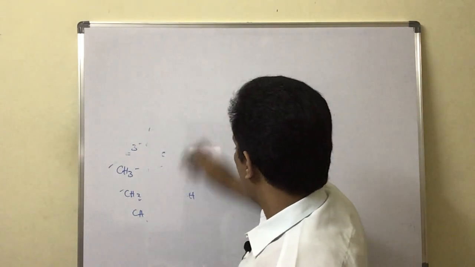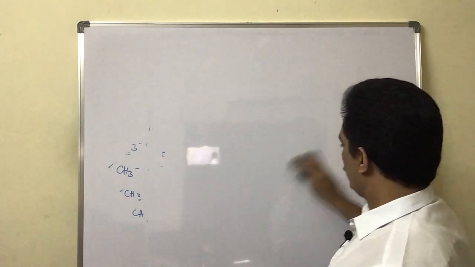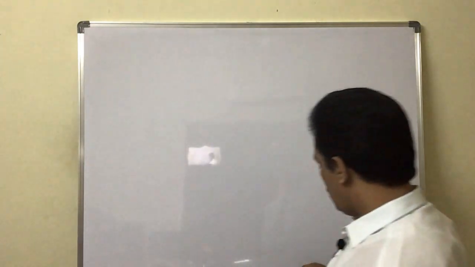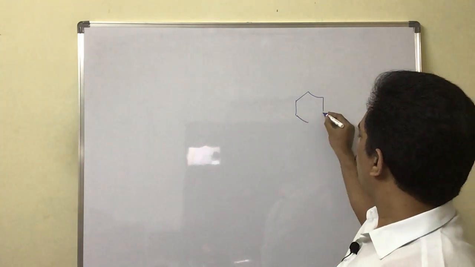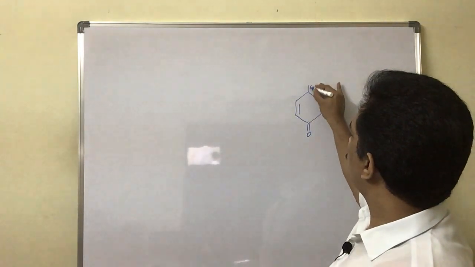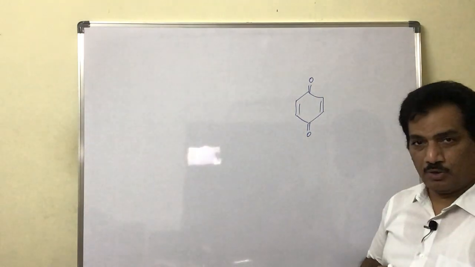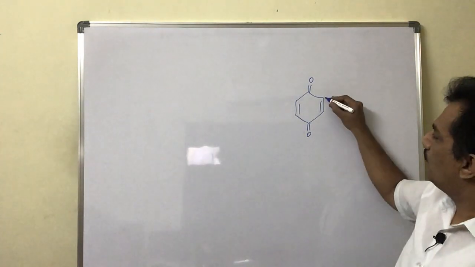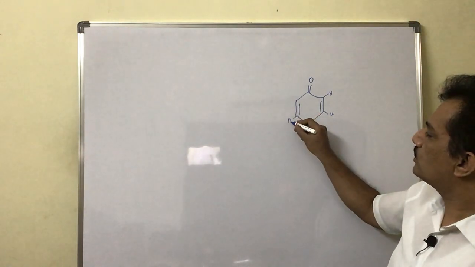It is p-benzoquinone, like this. Here you observe 2 heteroatoms with multiple bonds, that is, a more electronegative atom with a multiple bond, and here there is hydrogen, and here also hydrogen.